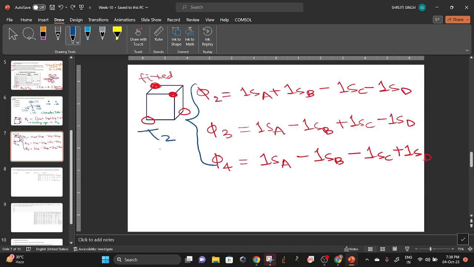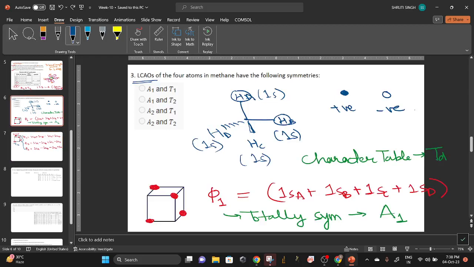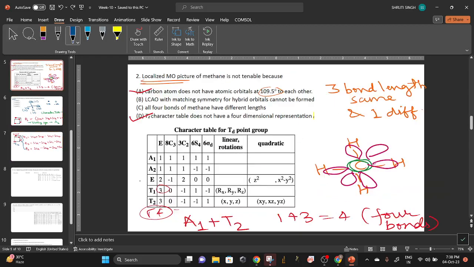But do you have any idea why this is not T1 but T2? No, ma'am. Because T1 is also triply degenerate and the character of C2 is the same in both T1 and T2, right? Only these two differ, -1, -1. So let's see. If we put S4, everything will change place, so it should be anti-symmetric with respect to S4.